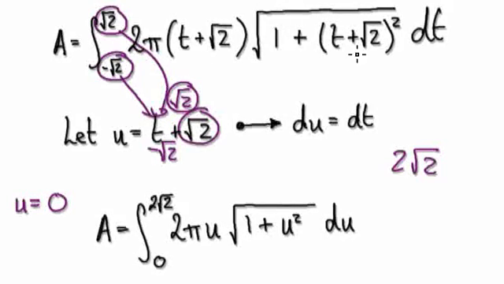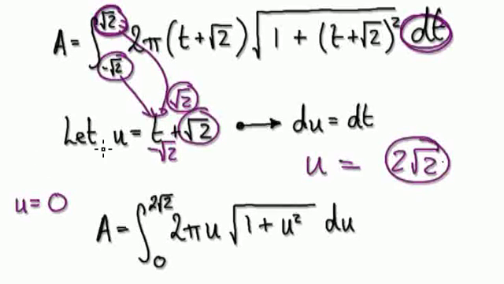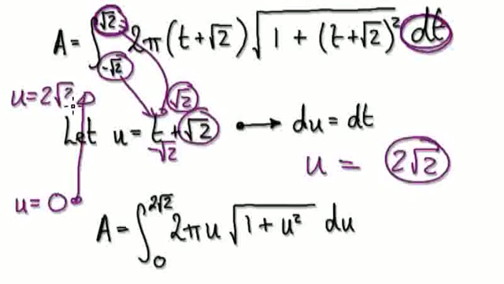So when we're integrating in the dt realm, we are integrating to root 2. Well, put it into here, so that will mean that u would be equal to this. So we are integrating from u equals 0 to u equals 2 root 2.